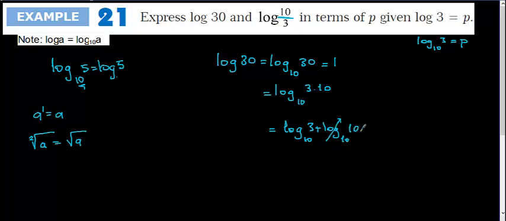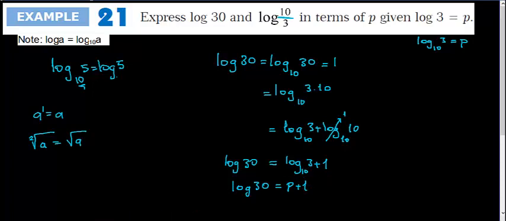Here the base and the argument are the same, that's why this is equal to 1, and logarithm base 10 of 3 is equal to p, so log 30 is equal to log 10 of 3 plus 1. Instead of log 3, I'm going to use p plus 1.